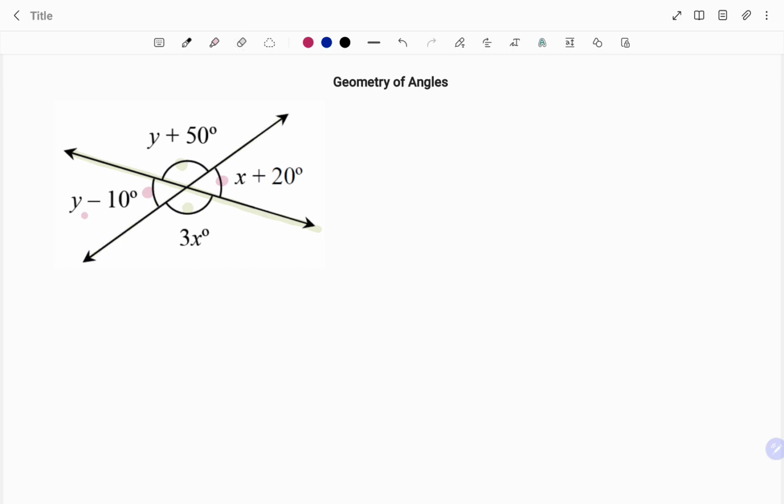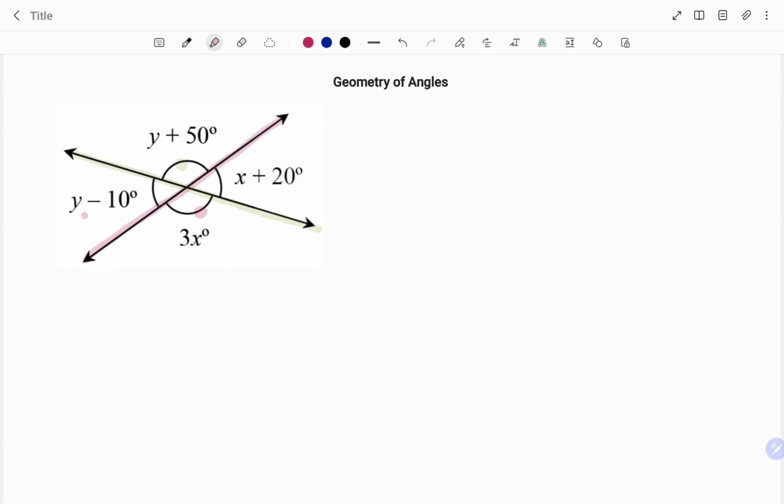I will start by considering the straight line as shown in pink, such that the angles on a straight line add up to 180. I'm going to highlight in pink the angles I'm considering.